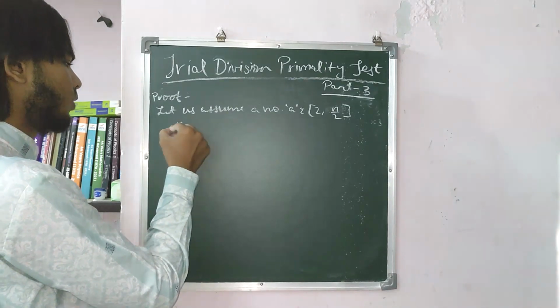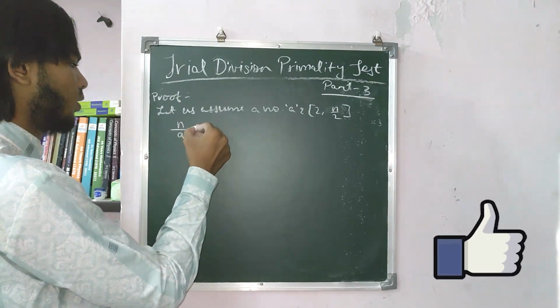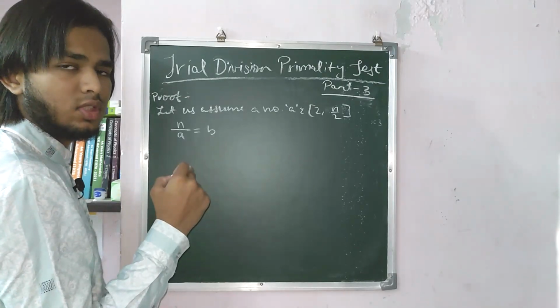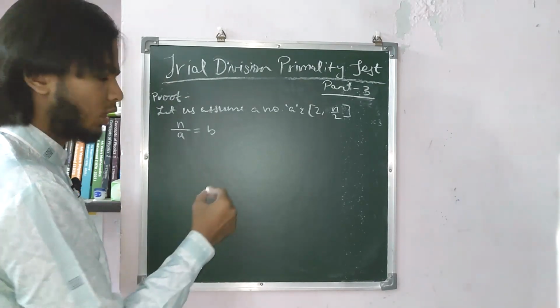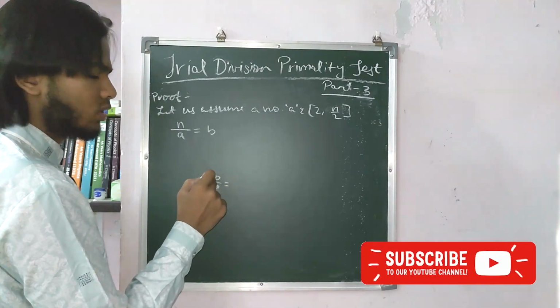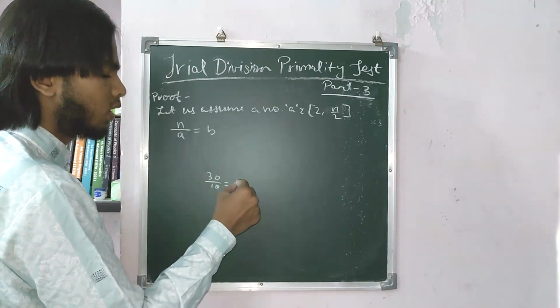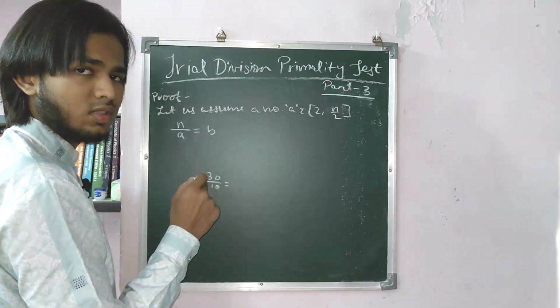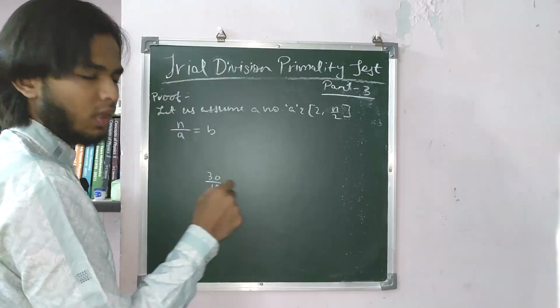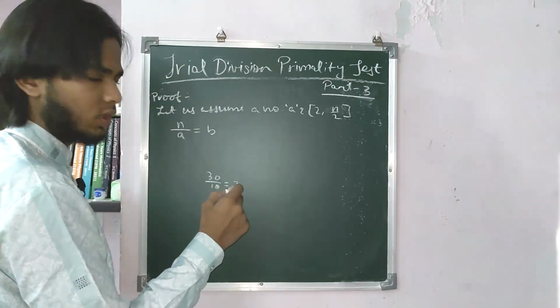So that means when we divide n by a, we will get another number, because I have shown you in the example also that when we divide 30 by 10, since 30 is not a prime number, 10 is a factor of 30, and we will get another factor also, that is 3.